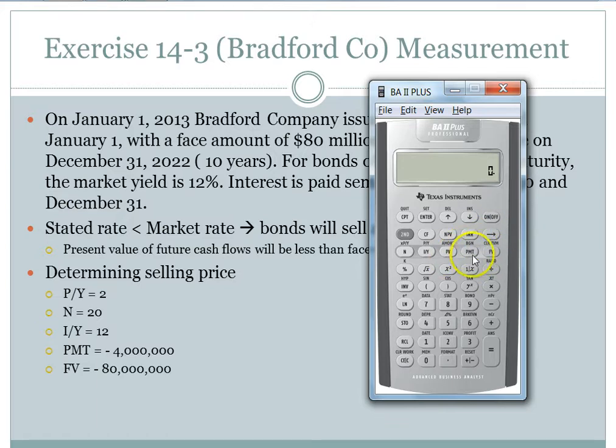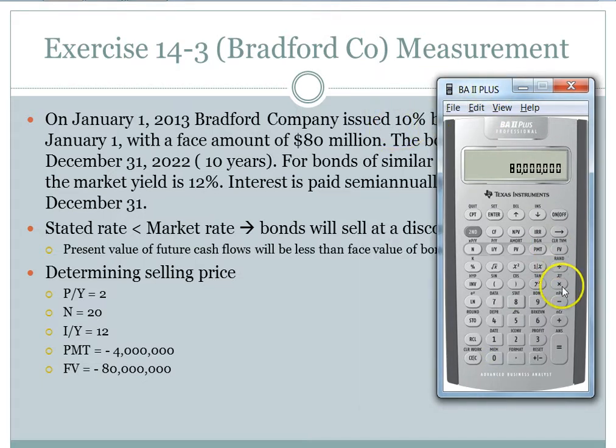PMT, payment, is used to refer to equal periodic payments. In this case, that's my interest. So I know that I'm going to borrow $80 million, and the stated rate of interest on this bond issue is 10%. So $80 million times 10% times half of a year, or 6/12. Remember that the 10% is an annual rate of interest, but I'm going to be making interest payments twice a year.